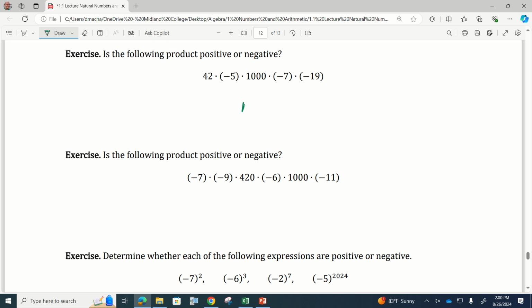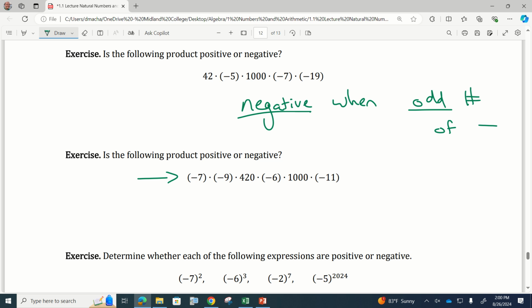Negative. Why would this be negative? There's 3 negatives. Yeah, it's always going to be negative when there's an odd number of minus signs. What about this? Positive. Yep. Your product, if you have a whole bunch of factors, is always going to be positive when we have an even number of minus signs. Or if you don't have any at all, that's good too.